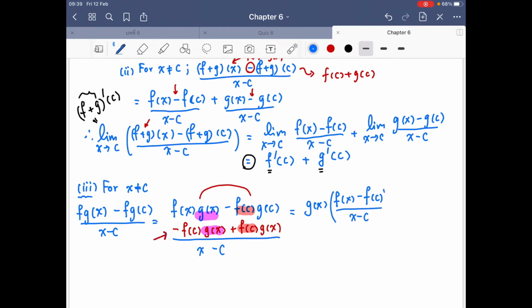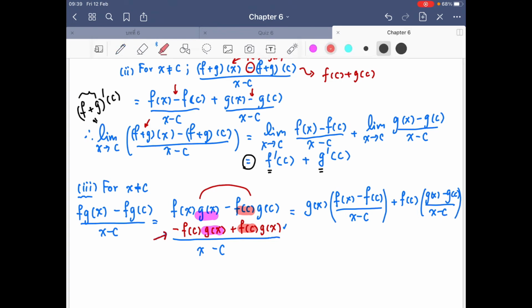And then the second term, you have f of c times (g of x minus g of c) over x minus c as well.